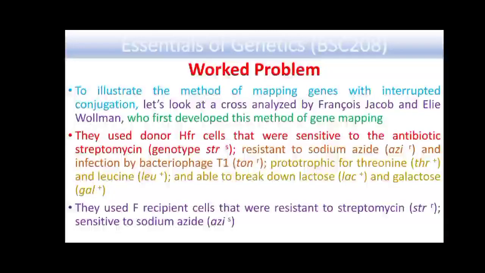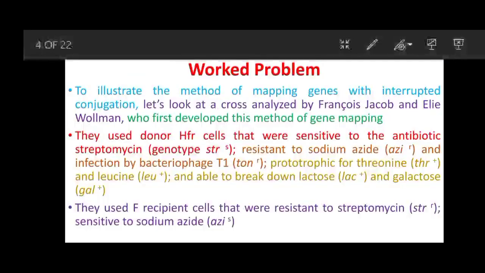and in this problem let us look at a cross analyzed by Francois Jacob and Elie Wollman, who first developed this method of gene mapping.